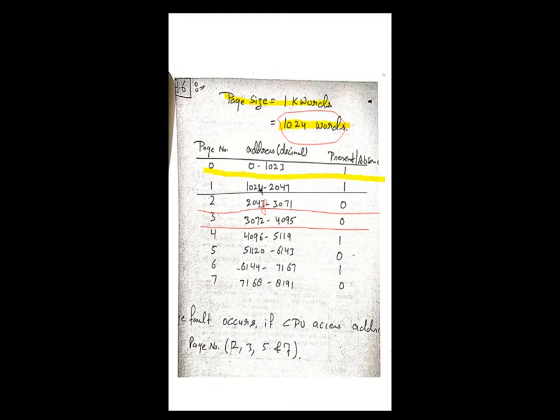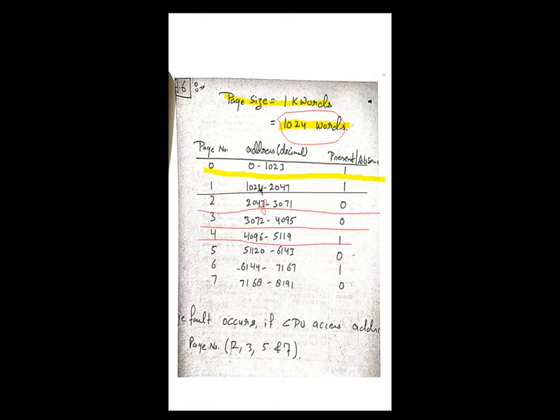But because here the size of the page is given as 1 kilobyte, which is 1024, that is 0 to 1023, you need to add only 1023 in this case. But in another case, if the size of the page is different, you have to add that size. Hope you are following me. Now for the next page, similarly, you go on adding 1023, you will get 4096 to 5119.